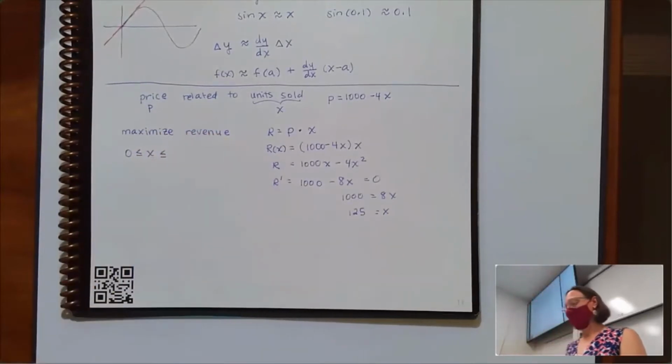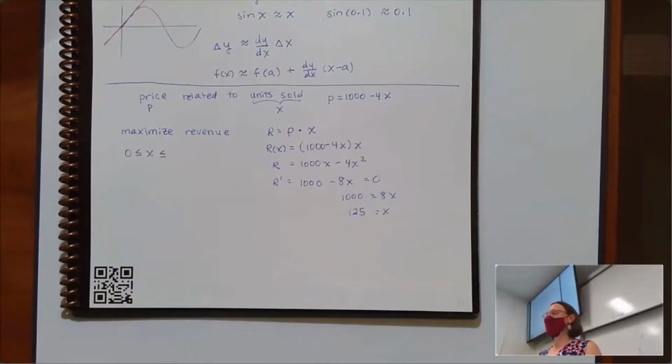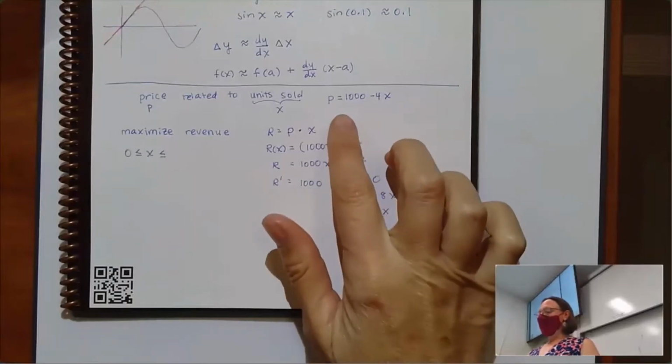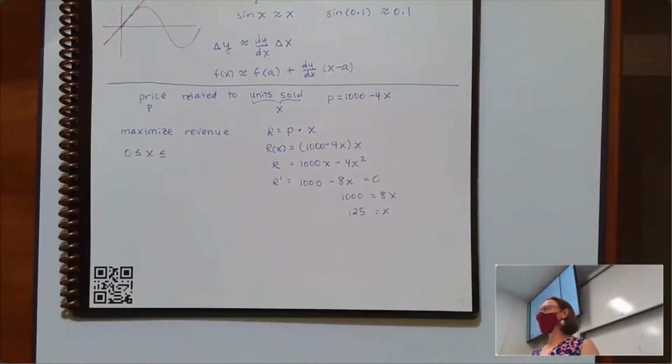But there's an upper bound as well. And if you think about this, because P is the price, I don't want the price to get negative. That is also a bad business decision.